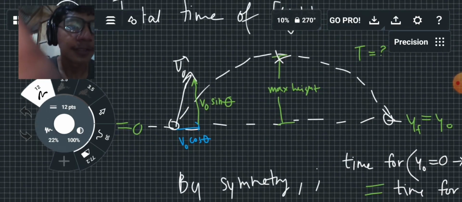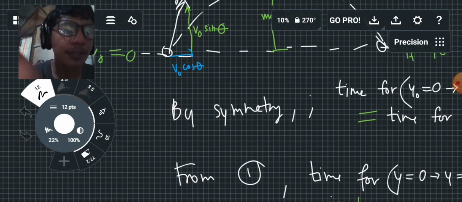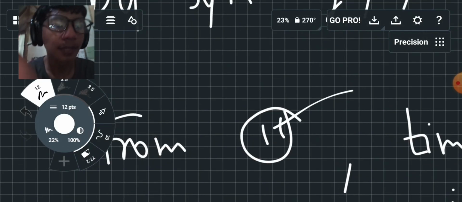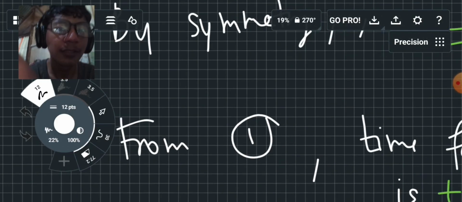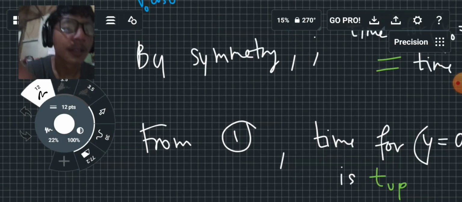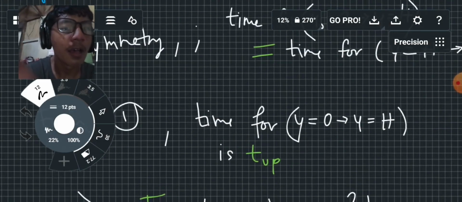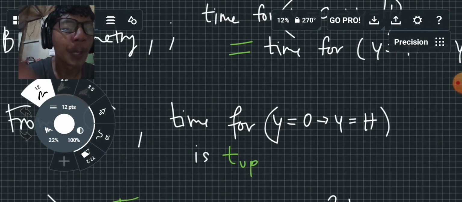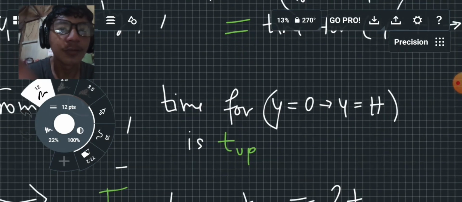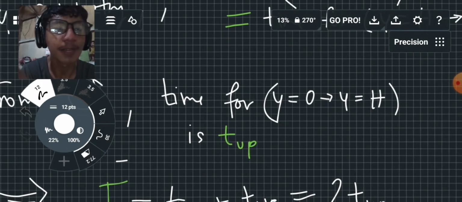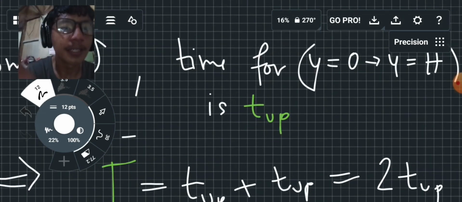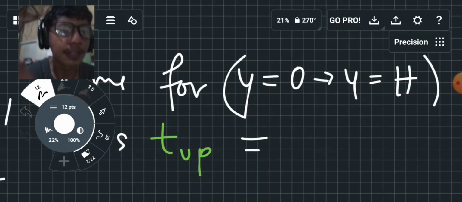Okay, so with that, from our formula in the first part of this video, the time it takes from y equals 0 to y equals h, which is the maximum height, is t sub up. And t sub up is what?